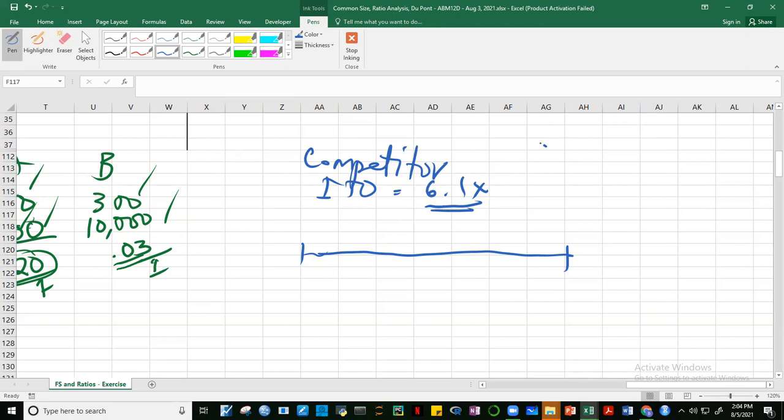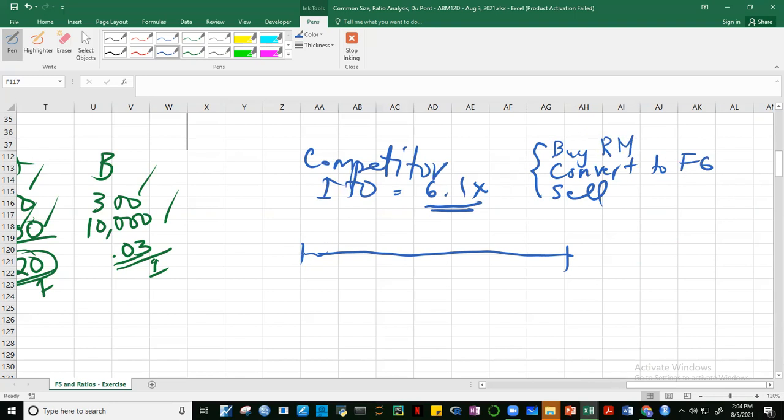Ano gagawin? Yung operation nila, buy raw material, convert to finished goods, and then sell. Okay? So ito yung process, buy raw materials, convert to finished goods, sell.